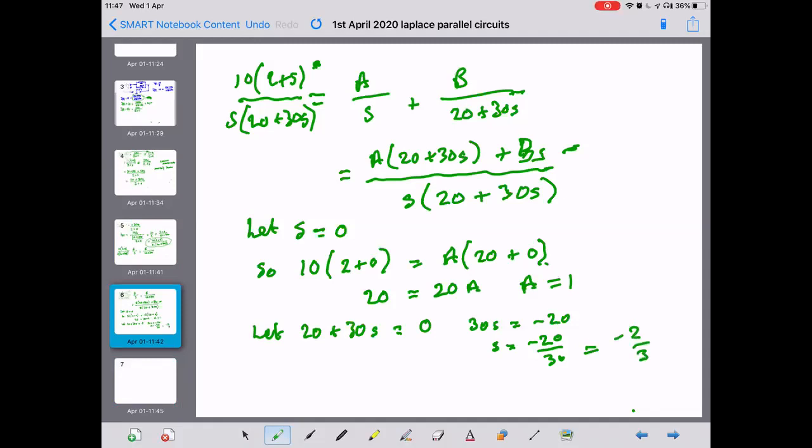So then we can say, therefore, 10 times 2 minus 2/3 is equal to B times minus 2 over 3.